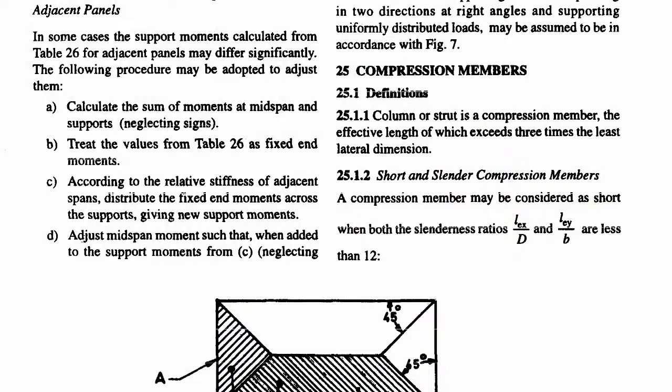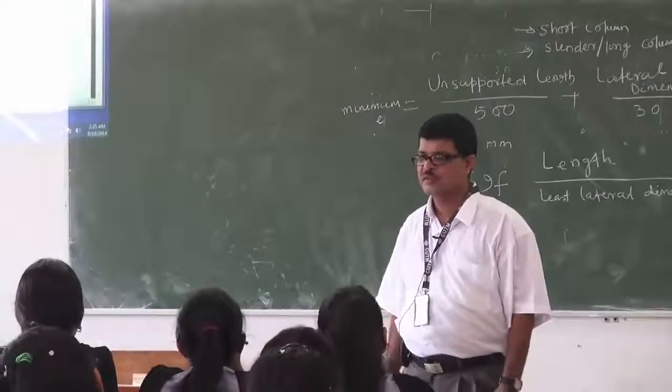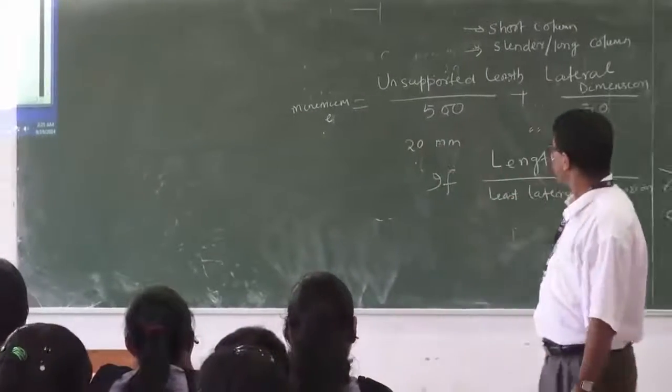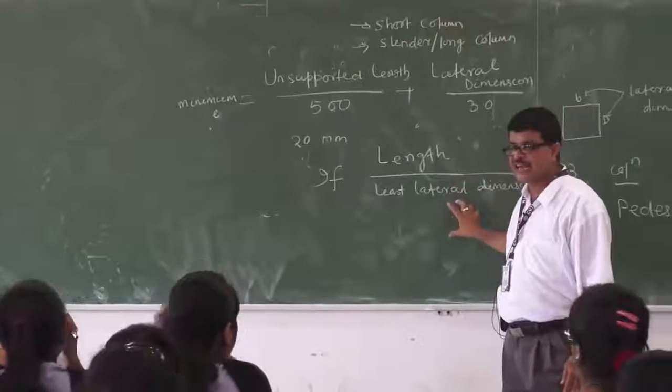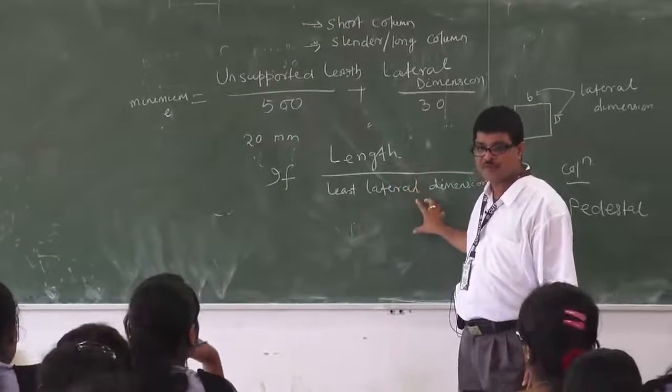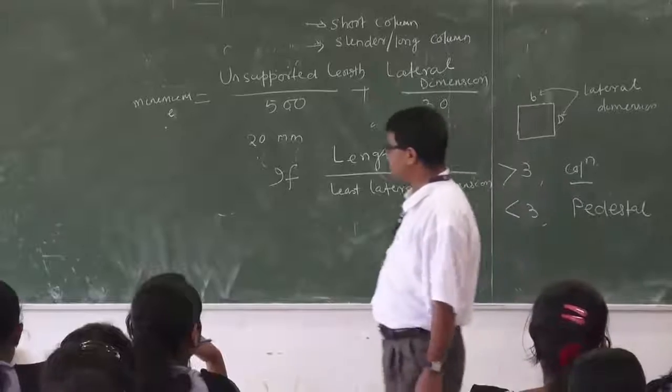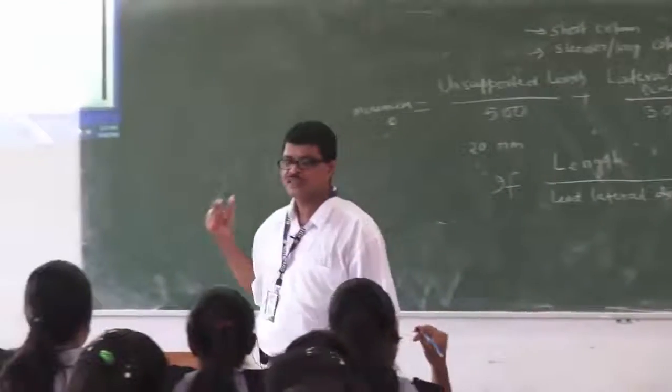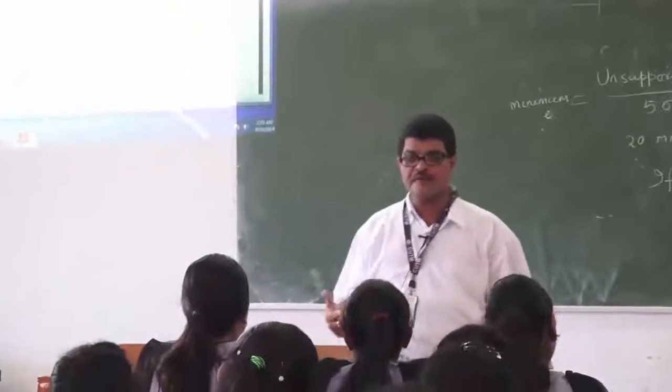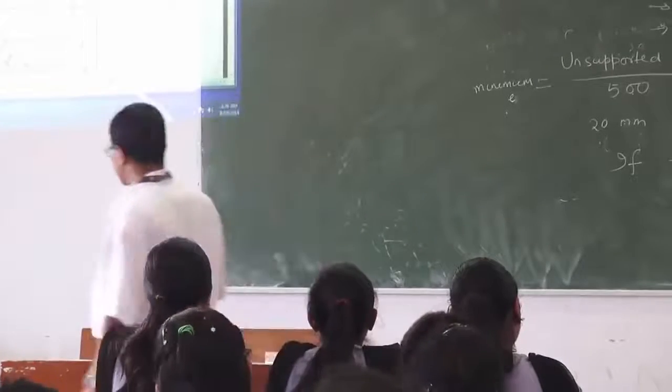A compression member may be considered short when both slenderness ratios, LEX by D and LEY by B, are less than 12. That means your length by least lateral dimension is less than 12. If this value is less than 12, it is called a short column. If it is more than 12, it is called a slender column or long column.